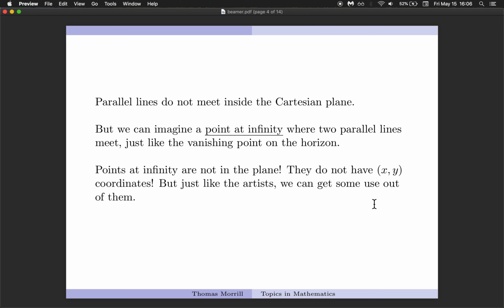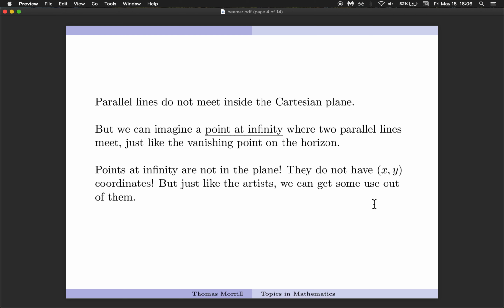The point at infinity is not actually on the xy plane. It does not have an x coordinate. It does not have a y coordinate. We only know where it is because that is a place where parallel lines will meet, and so it will be outside of the plane.